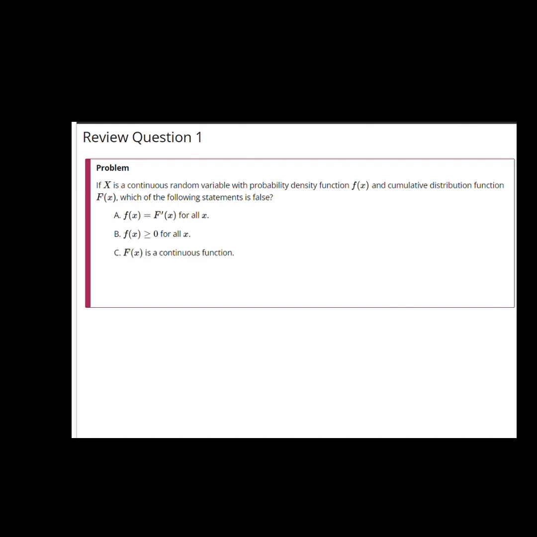C. Capital F of x is a continuous function. D. As I let x go to infinity, capital F of x approaches the value 1. And E. Little f of x is equal to the probability capital X equals little x for all values of x. You should pause for a few minutes and determine which of these statements you believe are true and which are false.